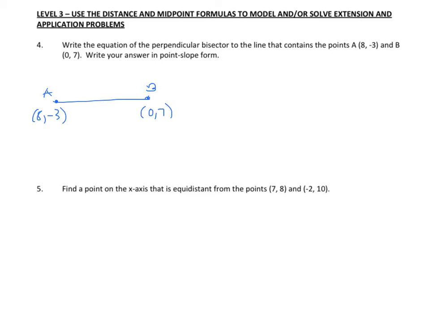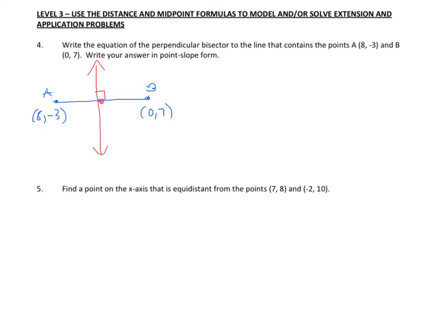Bisecting a segment means we cut it in half, right down the middle, so we find its midpoint, and then we need a line perpendicular to the line, so it cuts it in half and makes a 90-degree angle with the line. And we want to write the equation of this line.